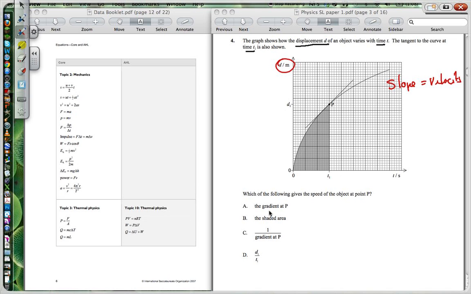So at that point P, to get the speed, we just need the gradient at P. Another way to look at this, you know that this is measured in meters and this is seconds. So when we find the slope, we've got our change in d over our change in t. That's your change in vertical over your change in horizontal, and that's meters divided by seconds, meters per second. So we can see from our units too that we're getting a speed or a velocity quantity.